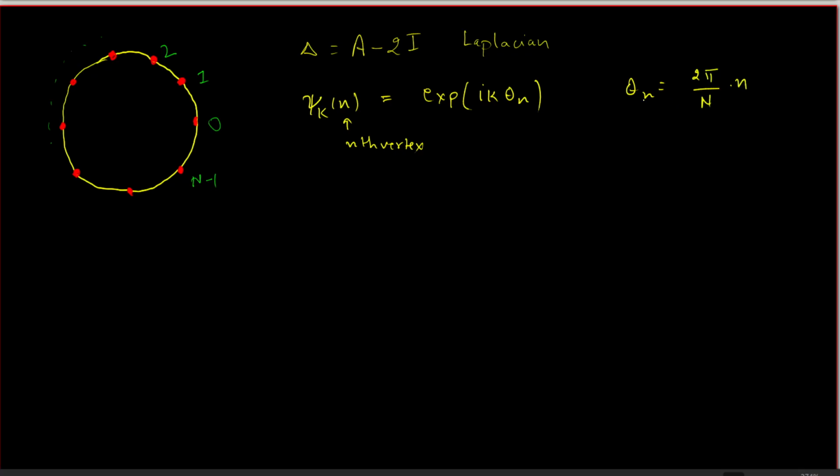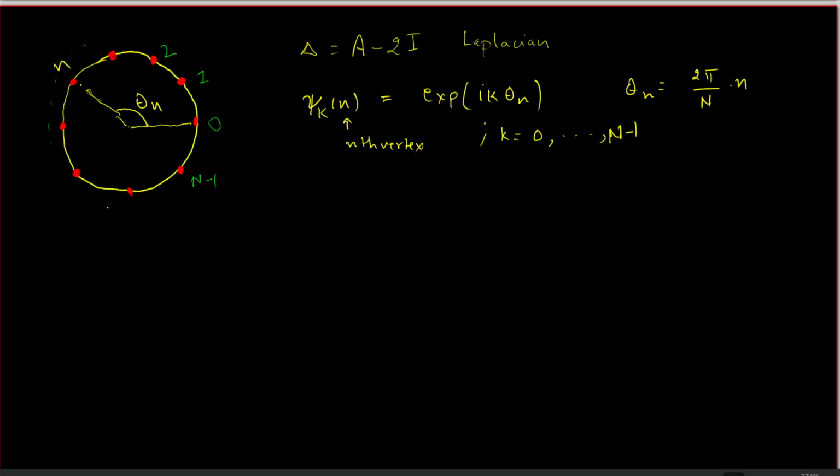For the nth vertex, theta n is the angle that this vertex makes at the center, because the angular distance between any two consecutive vertices is 2 pi by n. So the angle made by the nth vertex will be 2 pi by n times n, small n. These are our eigenfunctions of the Laplacian for k going from 0 to n minus 1.